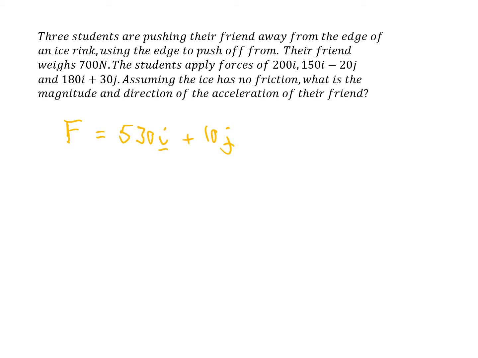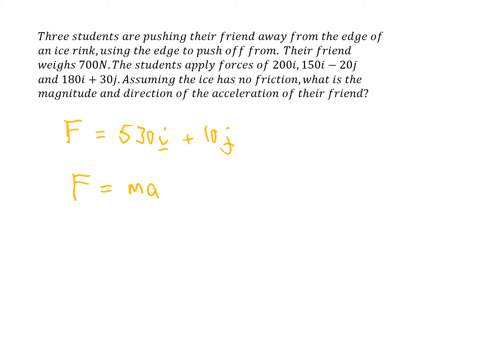Okay, so in order to calculate the acceleration, I need a formula that links acceleration and force together, and good old Newton gives us that. F equals ma, and in this formula, F stands for the resultant force, so that's good. m is the mass. Now, mass.